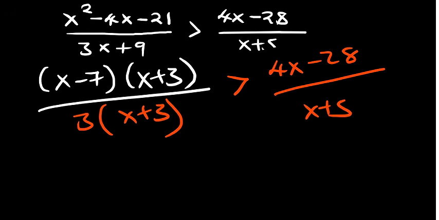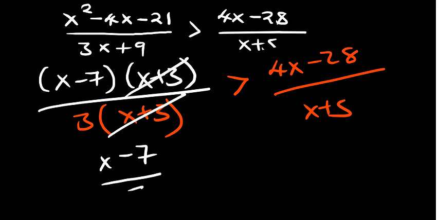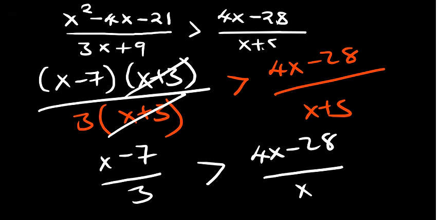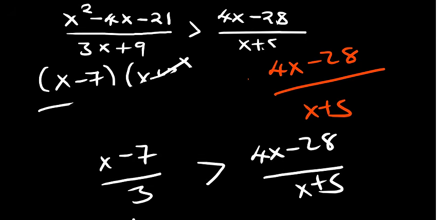From there we can cancel out something on the left hand side. So what we have now is x minus 7 over 3 should be less than 4x minus 28 over x plus 5.